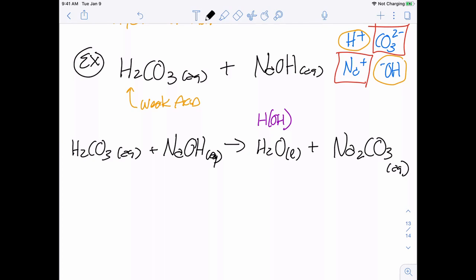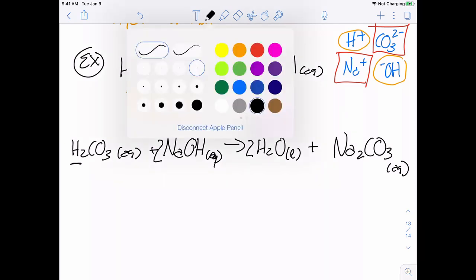I only have 1 on my reactant side. So when I put a 2 in front of sodium hydroxide, that gives me 2 sodium. It also gives me 2 hydroxide. So I need to put that 2 in front of water. When I do that, that gives me 2 hydroxide. It also gives me 2 hydrogen, and in H2CO3, I have 2 hydrogen, 1 carbonate on each side. So this should be my balanced equation.